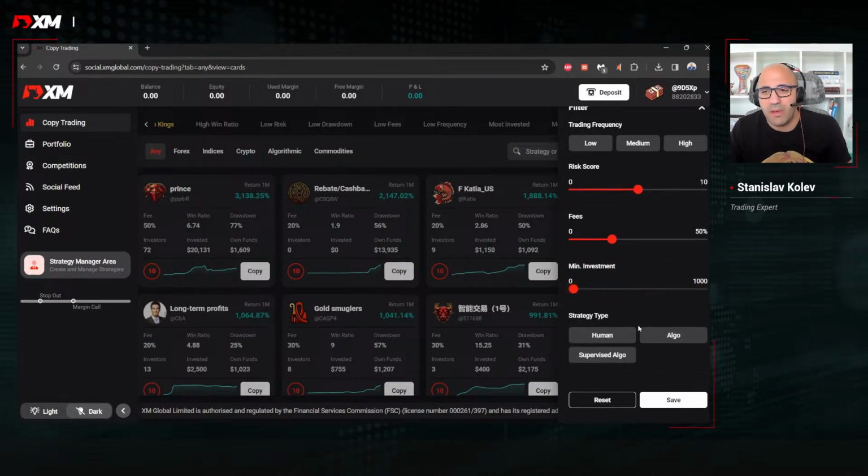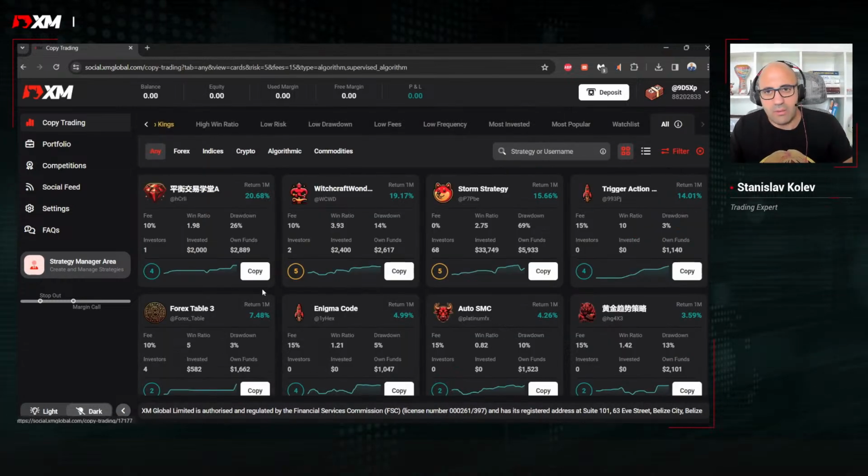And also, probably those people are looking into seeking a trading strategy that is created from algorithm or supervised algorithm. They don't want to risk their capital into human mistake or human psychology, and rather use it just plain like this. So let's click on save and see what we get here.